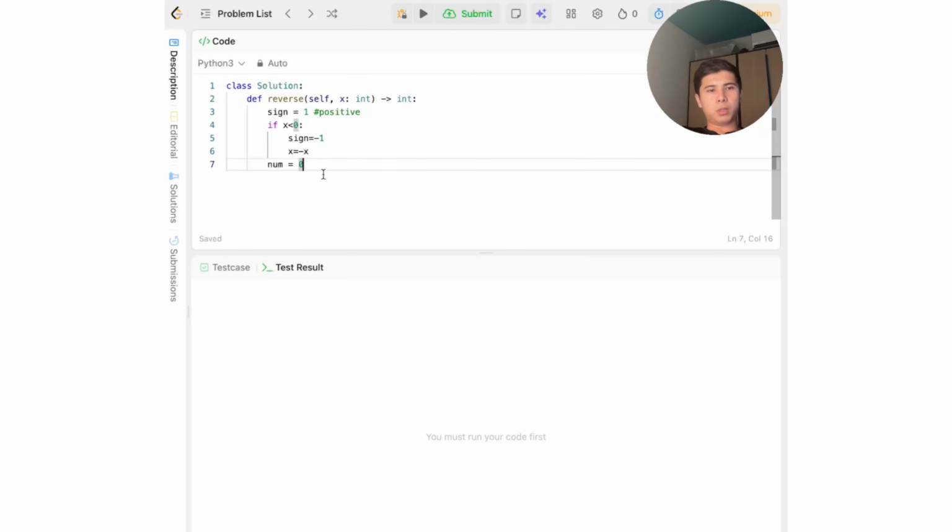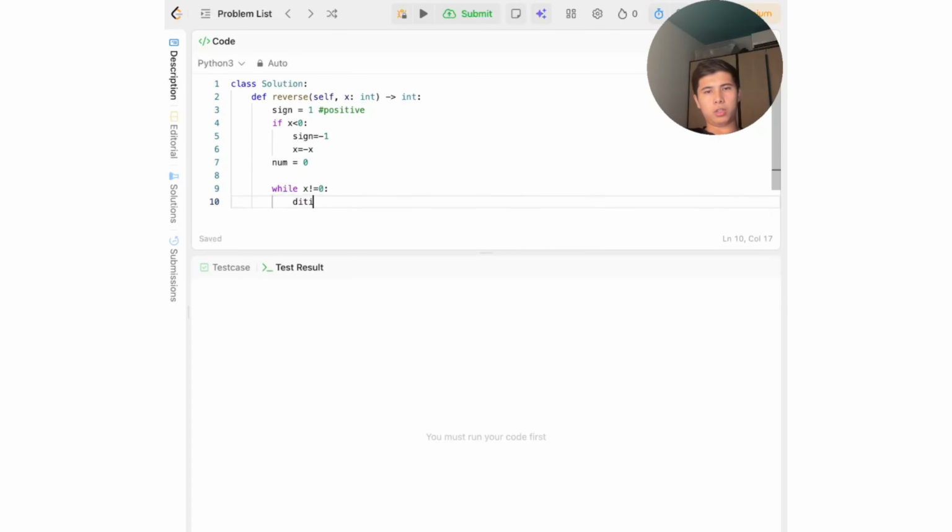If the reversed number goes outside the 32-bit integer range, the function must return 0. That's why we write number equals 0. So the condition, we write a while loop, while our input x doesn't become 0, and our digit, we have to write x divided by 10, and number multiplication and collecting with 10.